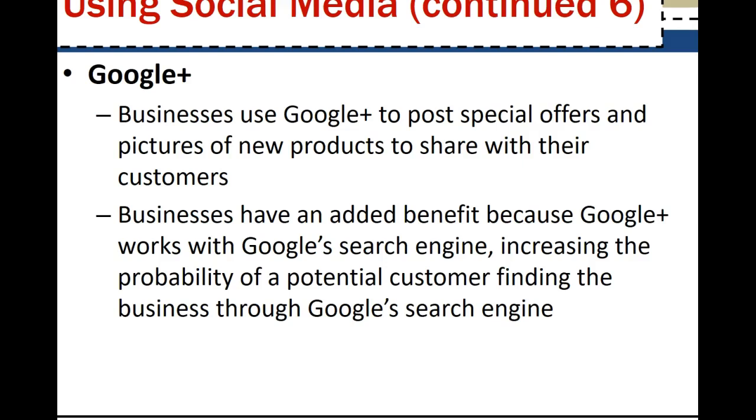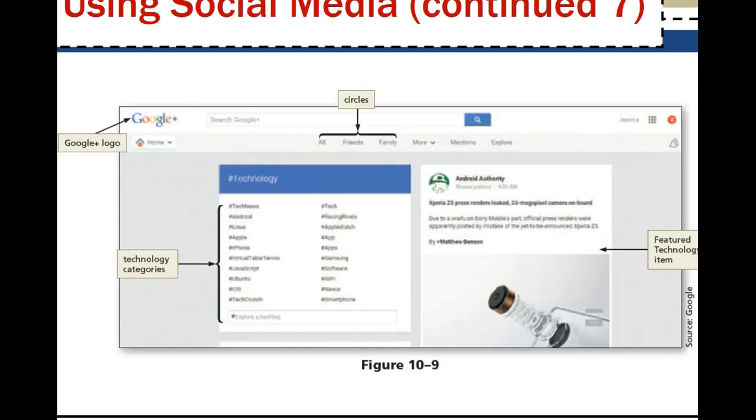A lot of businesses have a button on their web page so that the user can click that +1 button to indicate that they like or agree with the post, and to share the business brand with other Google members as well. So that's another way that you can use it as a business. It looks something like this. Google Plus.